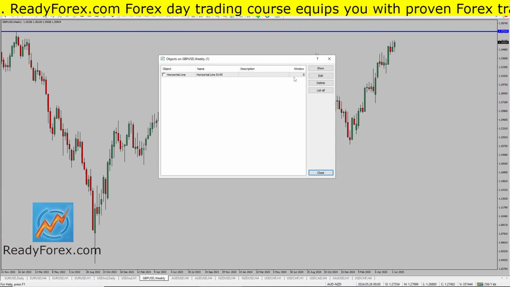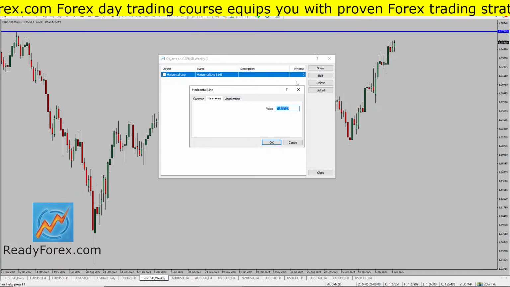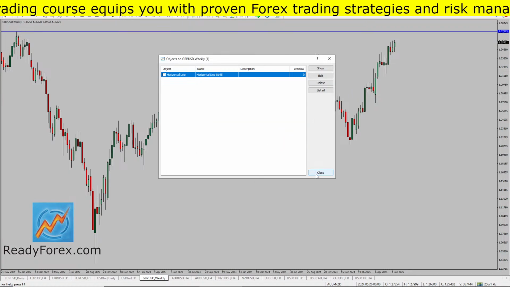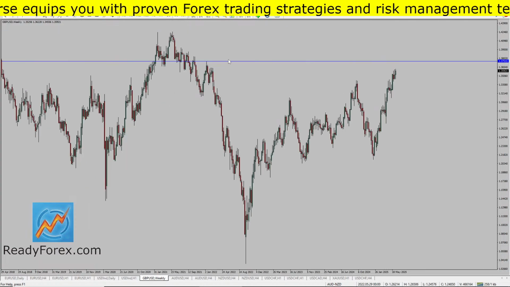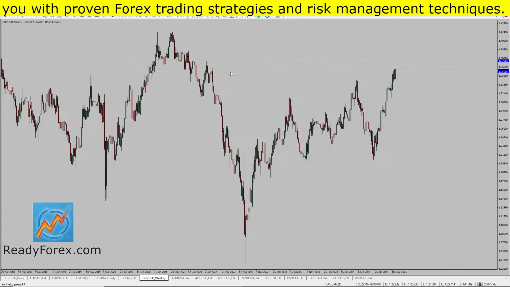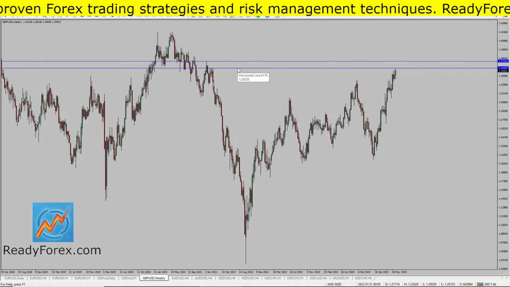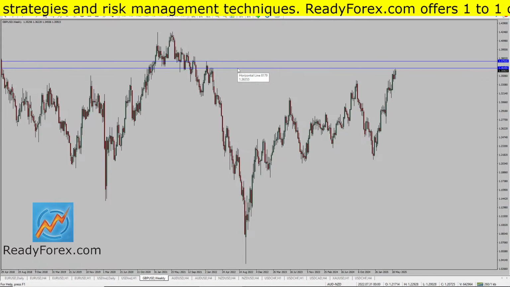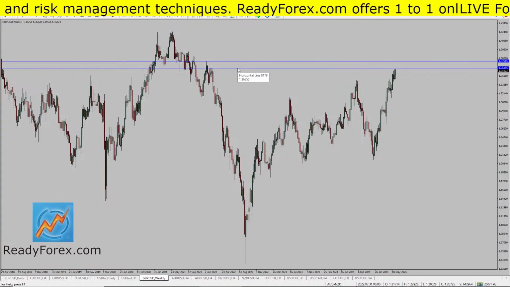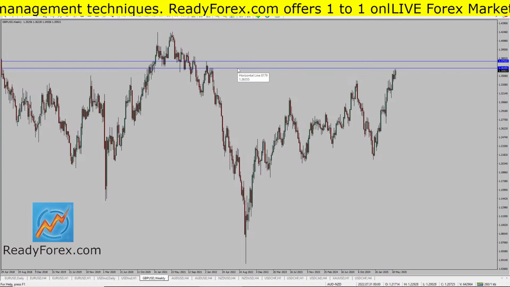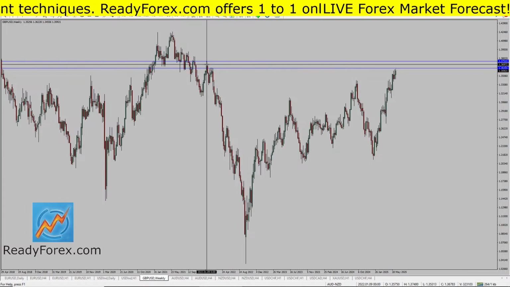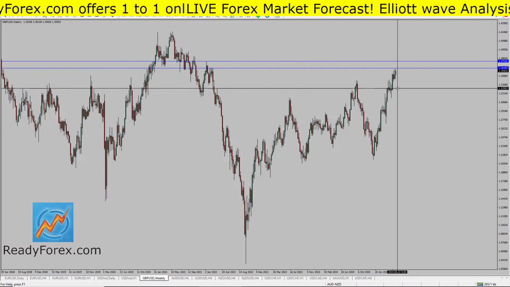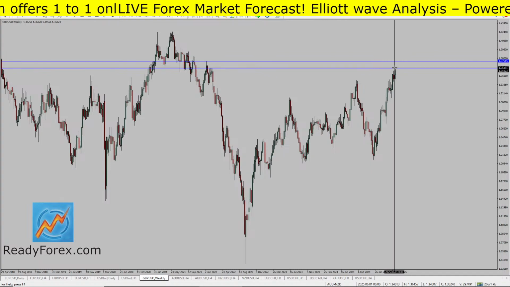Okay, so I'm going to change the width over here, so you guys could easily see. Okay, so we have this, and hit this level. I do expect a top.